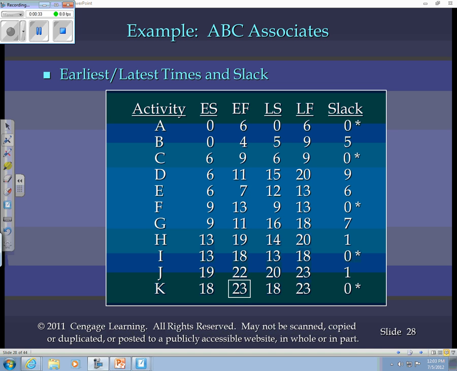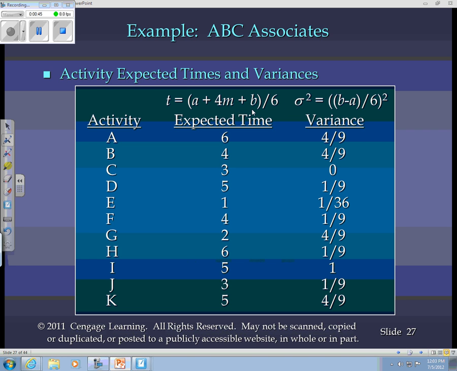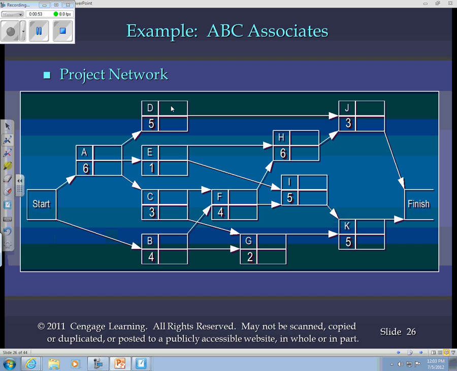They used the formula A plus 4M plus B divided by 6, in lieu of a deterministic time, and they used that together with the precedent diagram that you're seeing here.